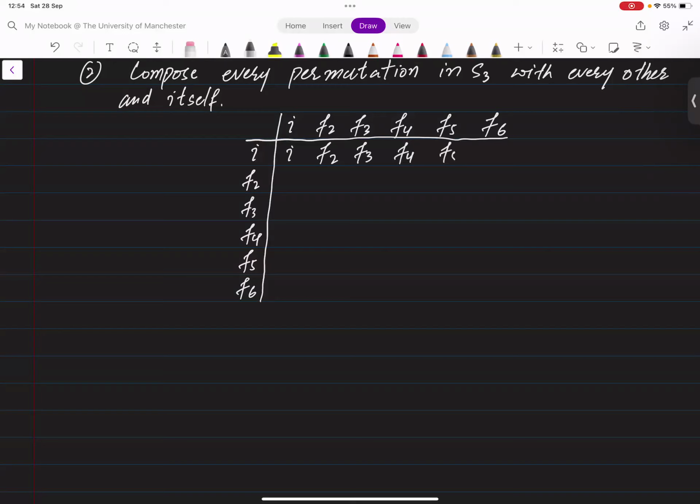So this first row is similar. Similarly, if you compose anything with I, you will again get the same. Perfect. Now, if you compose something with itself, like F2 with F2, that is I again.